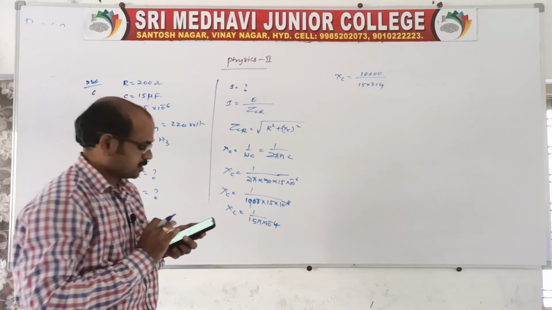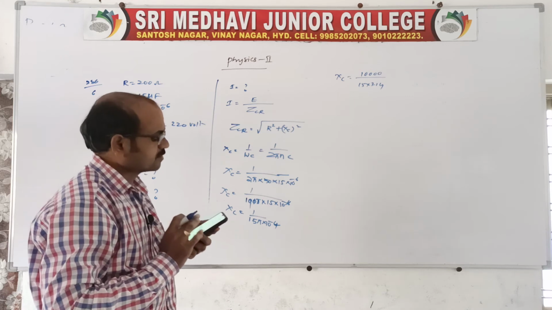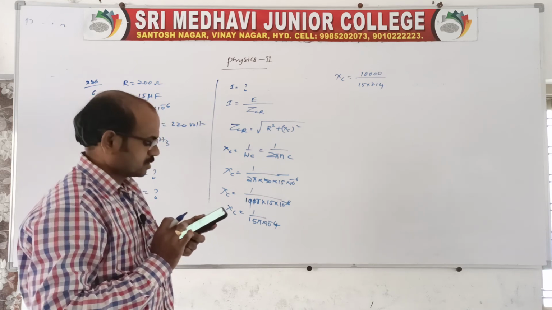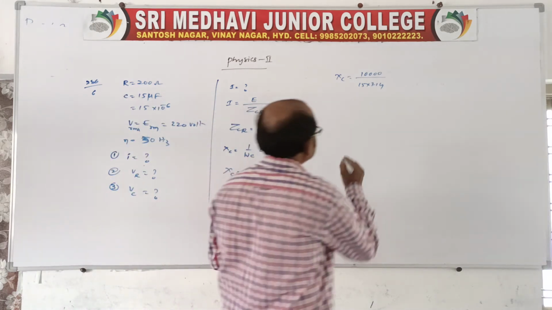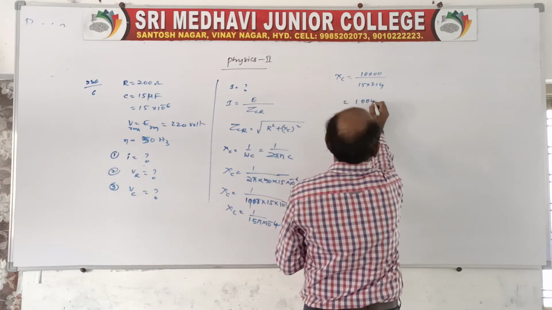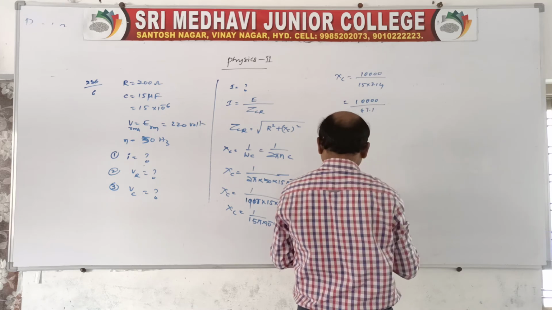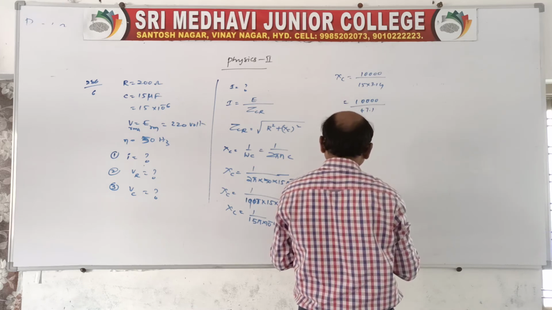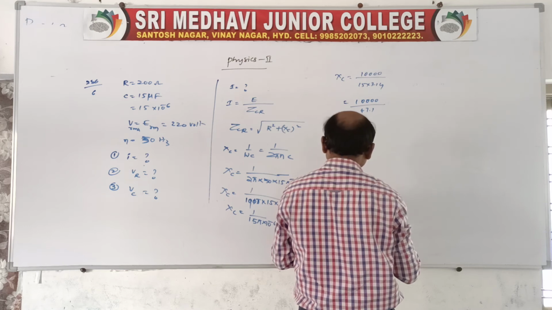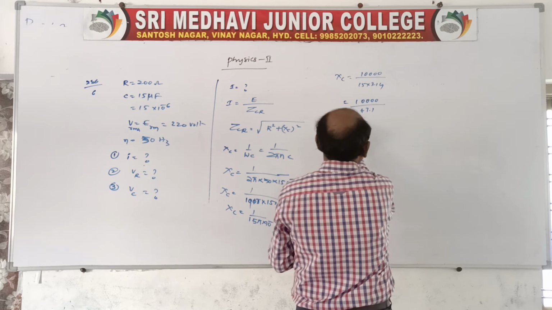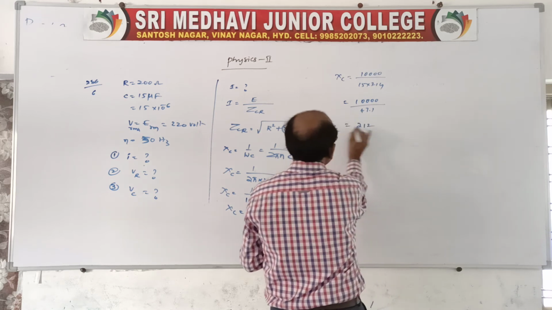First you take 15 into 3.14, it may be 47.1. So 100 divided by 47.1. See, approximately we may get 212, XC it is.